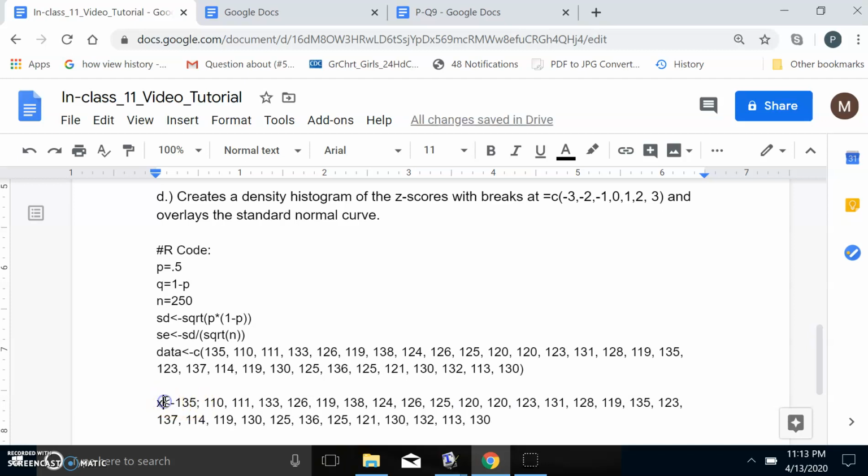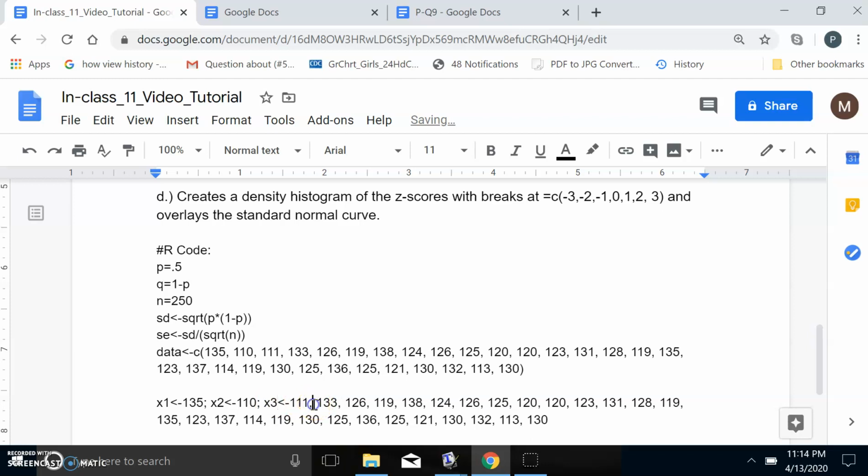So it'll be x1, and the next one will be x2. We want the next one, so I'll paste it here to speed things up.